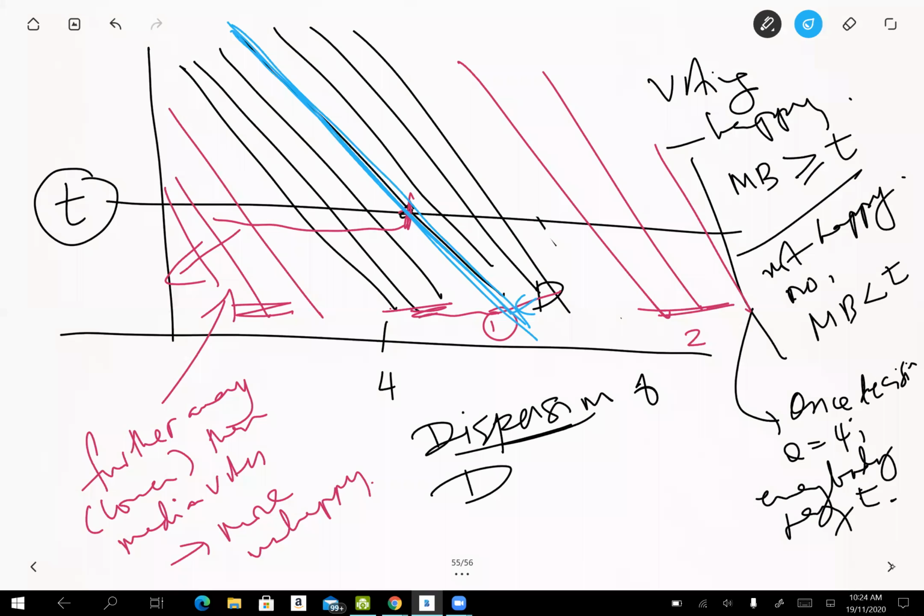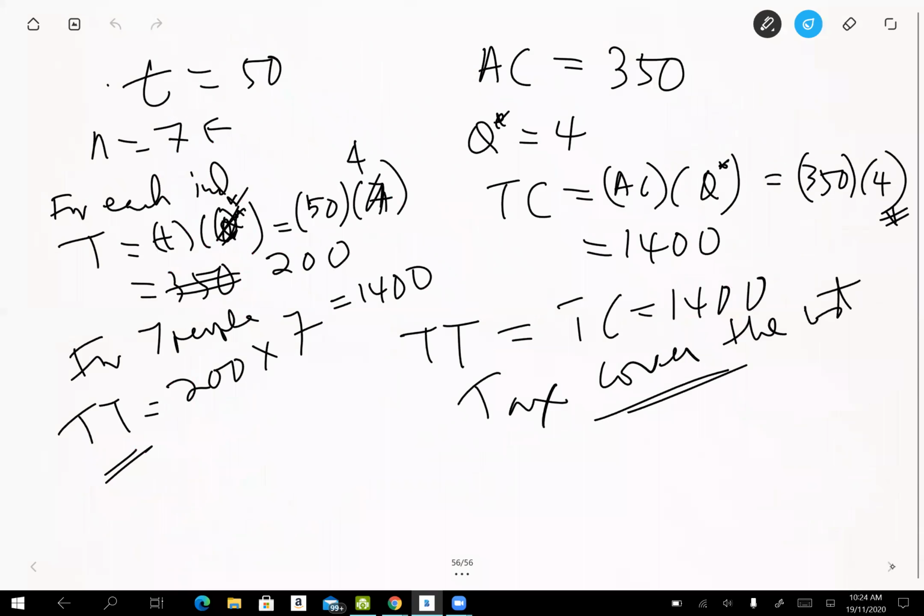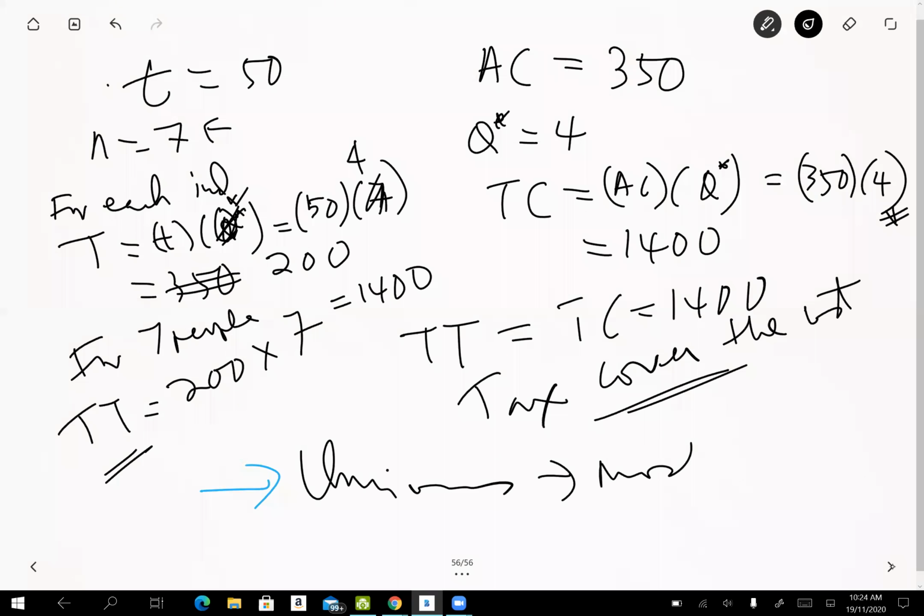So in this case, if everybody has the same demand function or the same preference, then we're not talking about majority rule here. We're talking about unanimous choice. Everybody gets their most preferred outcome.